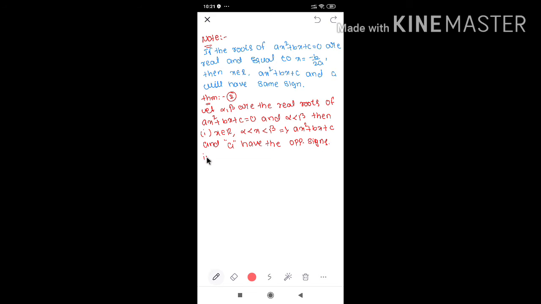Second, x belongs to R, x less than alpha or x greater than beta implies ax square plus bx plus c and a have the same signs. Simple theorem.